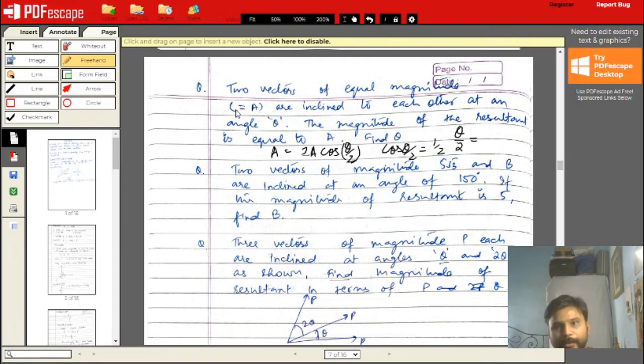Yeah, cos theta by 2 is half only. 60 degree, right? If cos theta is half, then that particular angle is 60 degree. Theta by 2 is 60. Theta is equal to 120.